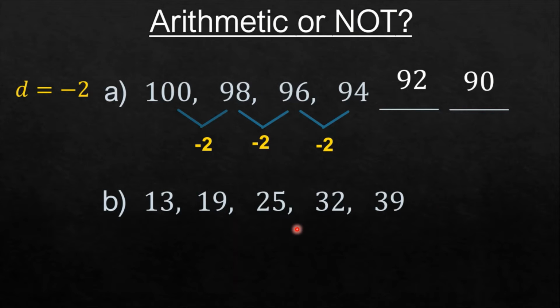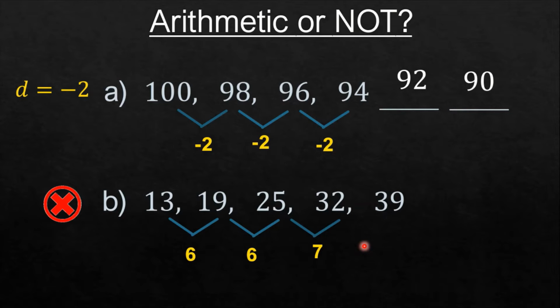Kunin natin ang difference ng two consecutive terms. 19 minus 13 is 6. 25 minus 19 is 6. Kaso, pagdating dito sa 32 minus 25, 7. No need to solve for the next two terms dahil magkaiba na agad ang kanilang difference. So, this is not an arithmetic sequence.